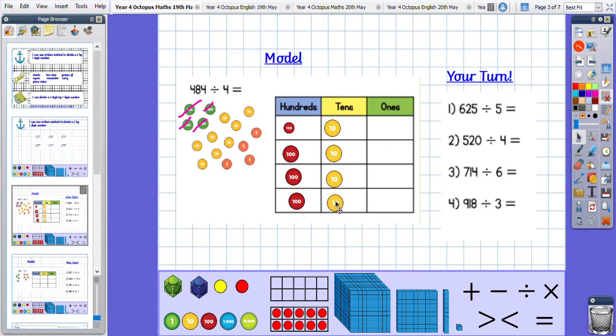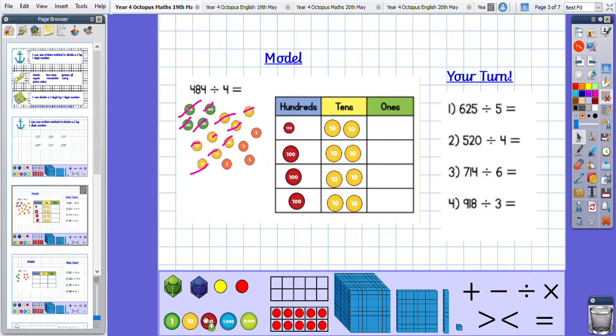So I've used 4. Carrying on then, 5, 6, 7, 8. Okay, and crossing off that I've used all of my counters. And then finally I have got 4 ones.